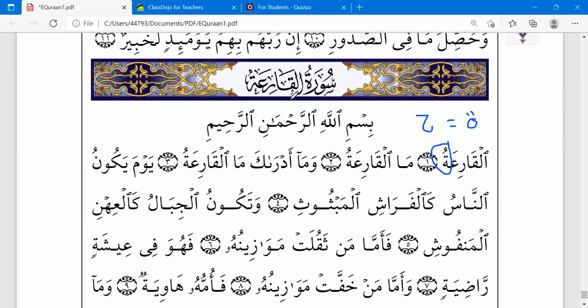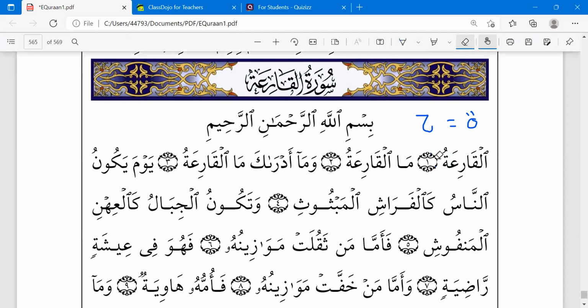Now, let's listen to my recitation. Bismillahir Rahmanir Rahim. Al-Qari'ah. Mal-Qari'ah. Wa ma adraka mal-Qari'ah. So I am changing the round ta to what? To ha. But look at the second recitation.